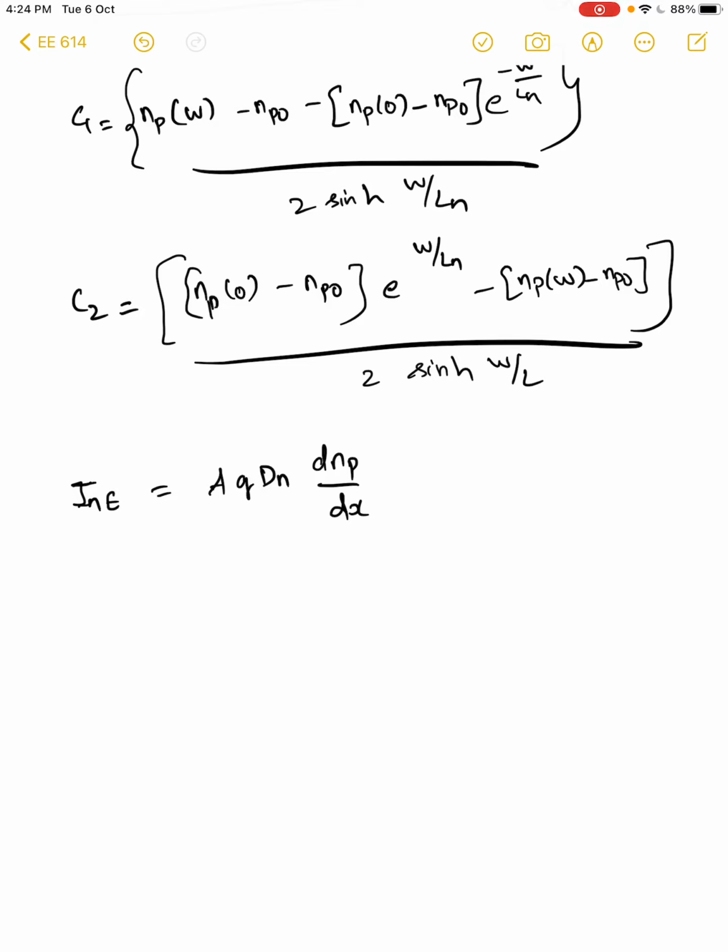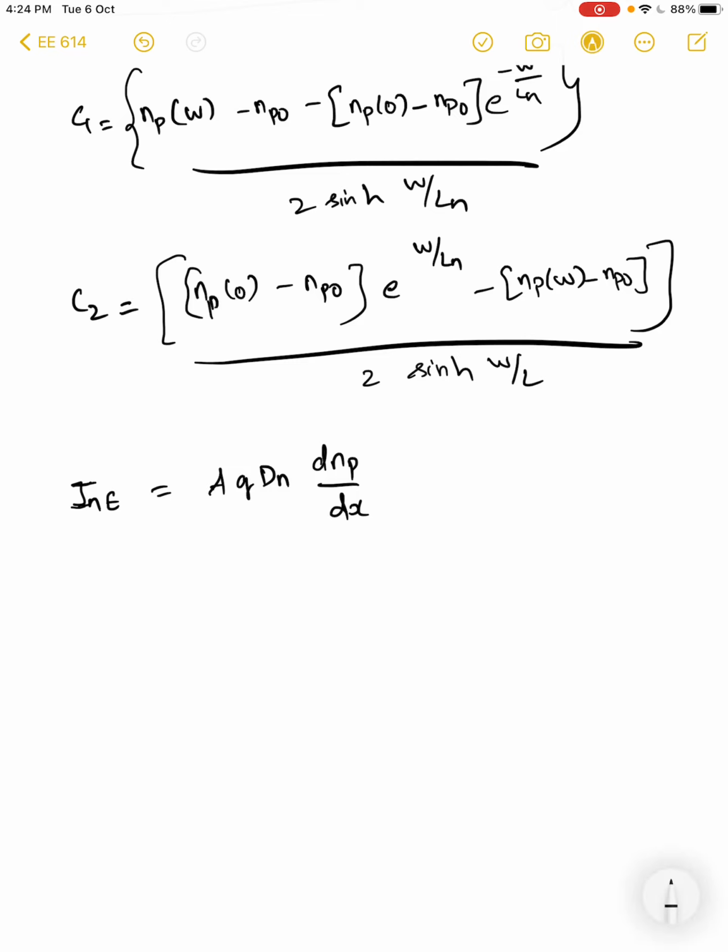And we assume that you do not have such heavy injection such that the drift component becomes important. We are going to talk about only diffusion currents everywhere. This is one of the assumptions from the ideal Schottky diode as well. And you see, this is the total current, right?